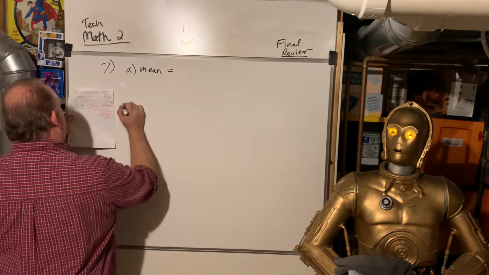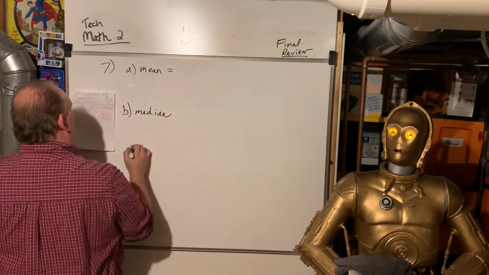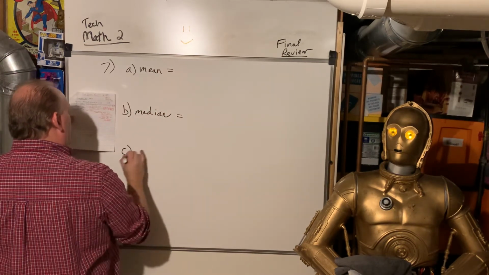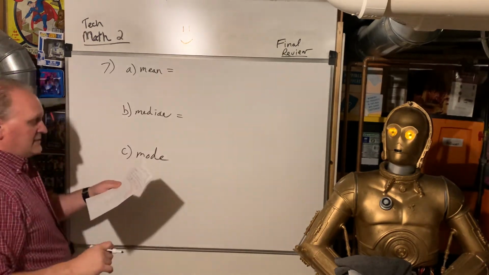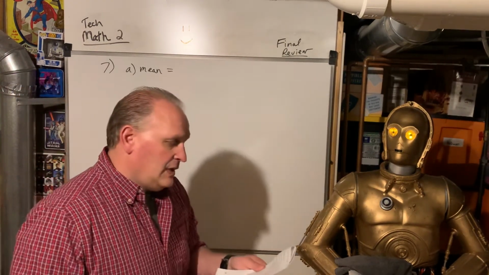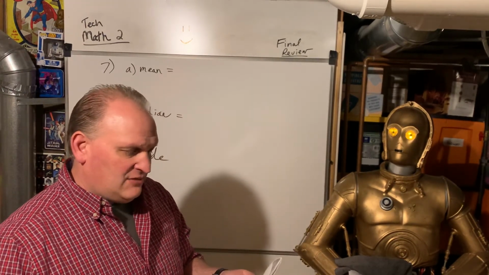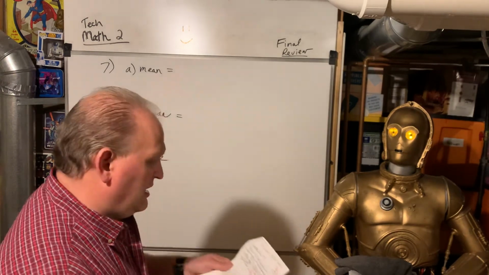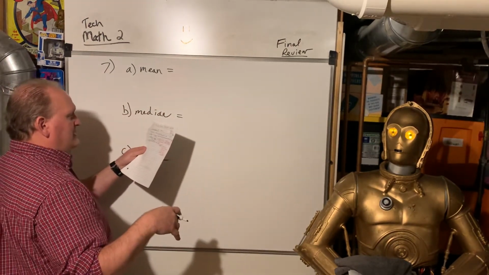So the mean, the median, and the mode. That's what those are going to look like, 7, A, B, and C. Those are on the final. About the same amount of numbers, less than 10 numbers, I think maybe 8. But anyway, even if it's 10, that's not too difficult.